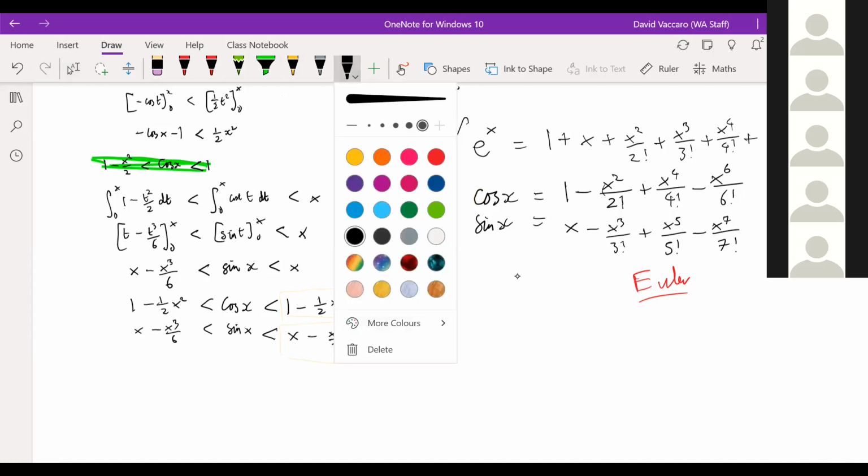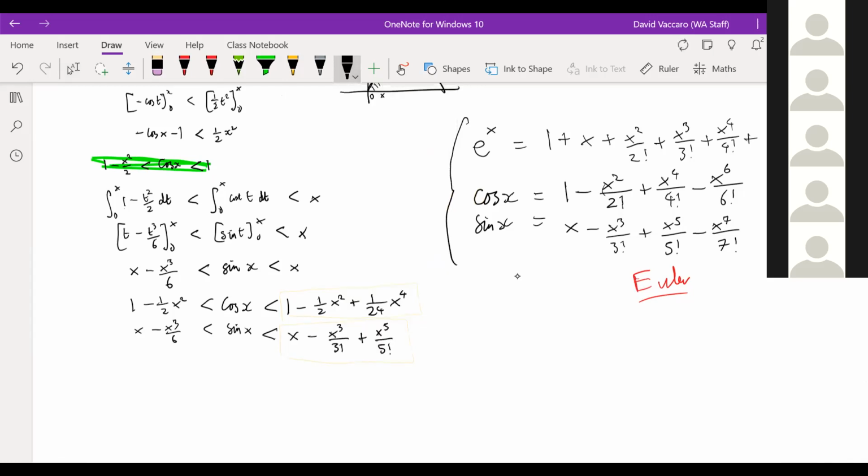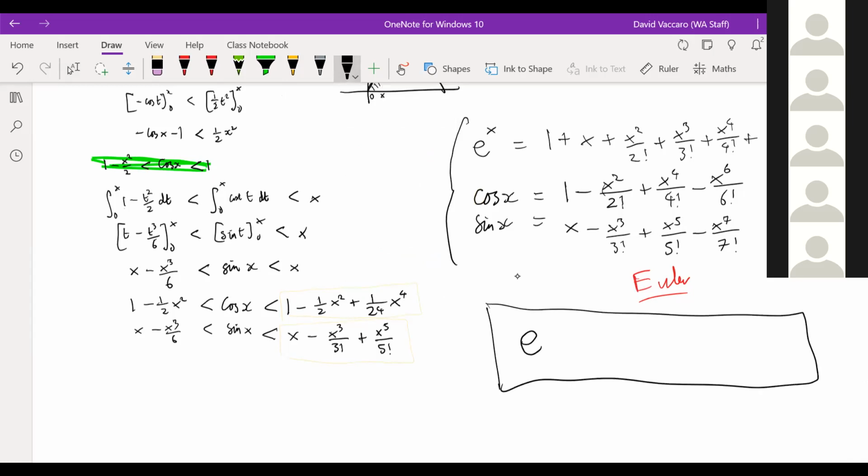And I think this is actually a lovely place to stop. But Euler, through other methods, but you can do it through these Taylor series, found a wonderful formula. So from these Taylor series and the fact that they've got similar terms, can you get a formula that links e to the x in some clever, complicated, maybe complex, maybe that was a hint, but some interesting way that connects e to the x to cos x and sin x?